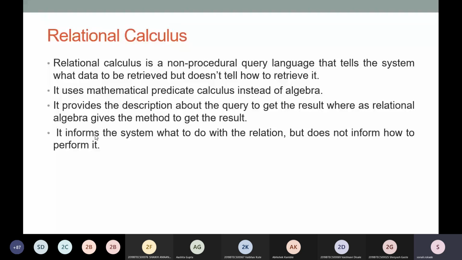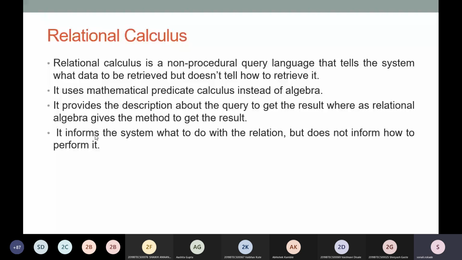Okay, so it uses mathematical predicate calculus instead of algebra, and it also provides the description of the query to get the result, whereas relational algebra gives the method to get that result. And one more most important thing is that this relational calculus informs the system what to do with the relation.